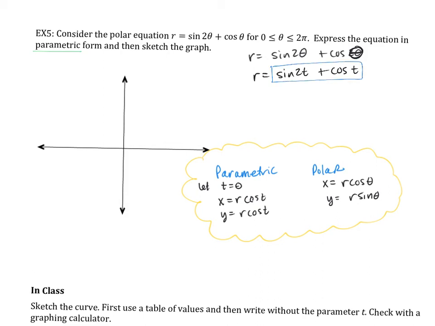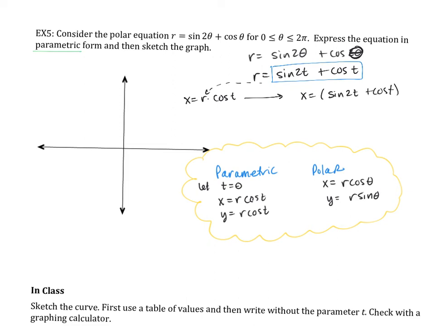And now we're just going to plug this into our parametric equations. So x is equal to r times cosine t. Plug r right in here. Use substitution, and we would get x is equal to r, but I'm replacing r with sine of 2t plus cosine of t.